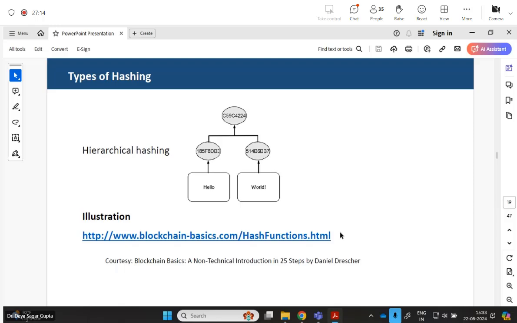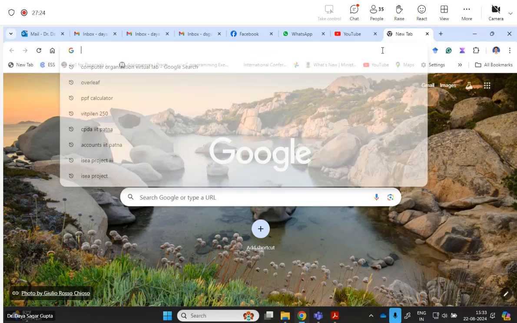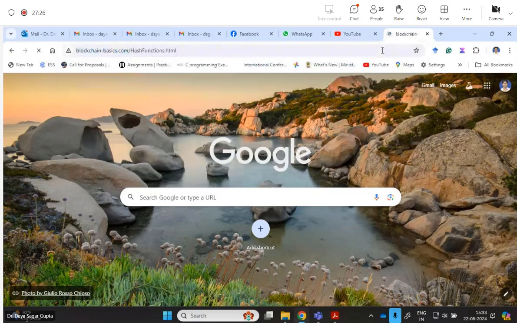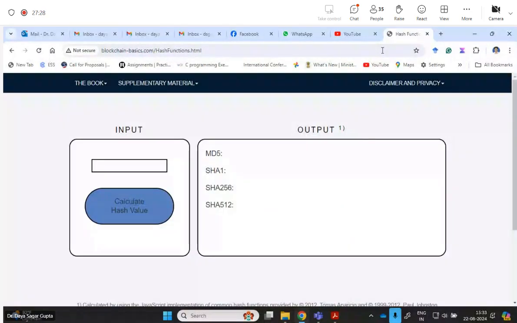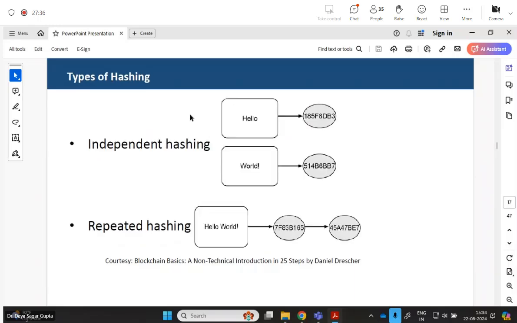So this website, we have already seen this website when we went for something. My message is hello, in an independent hashing.